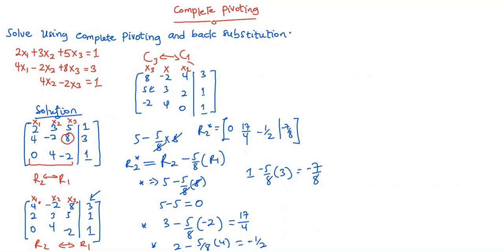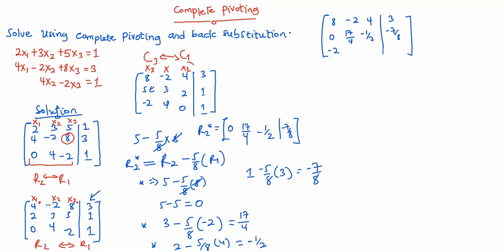Now let's rewrite our matrix. So now we will have 8, minus 2, 4, then 3 here, and then you have 0, 17 on 4, minus 1 on 2, minus 7 on 8.